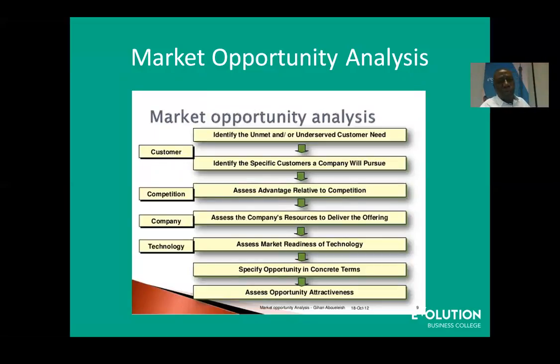For instance, you've got a customer. And so you need to identify the unmet or underserved customer need. For most customers, there are certain needs that have not been met, or those needs have not really been analyzed, met or looked into. And you need to identify the specific customers a company will pursue. So McDonald's will be saying, well, we want to pursue the child and sell burgers to children, and that is our market.